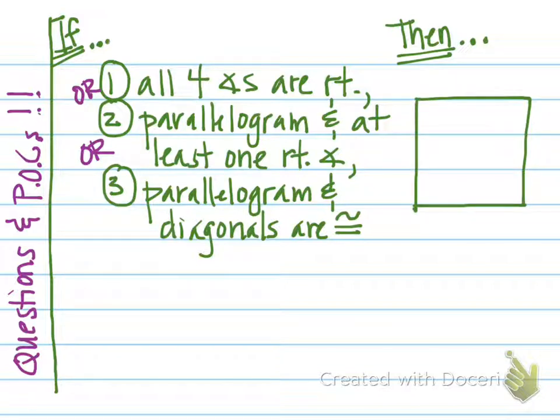Or if you did that parallelogram test, used one of those 5 to show that you have a parallelogram and at least one right angle. So again, you saw that 2 of the consecutive sides had opposite reciprocal slopes, then you have this certain shape.